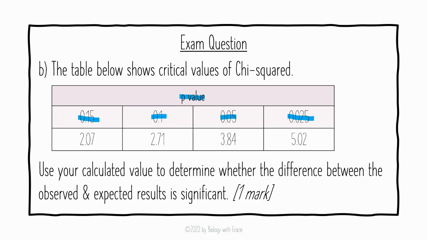Remember back to when I mentioned that biologists use 0.05 as our probability value, so we only need to be looking in this column here. Therefore the 0.05 critical value is 3.84.